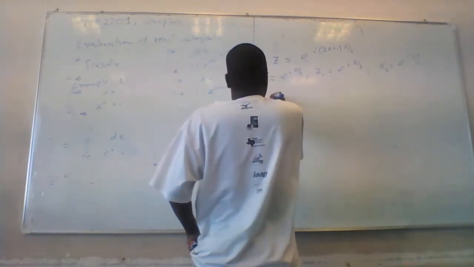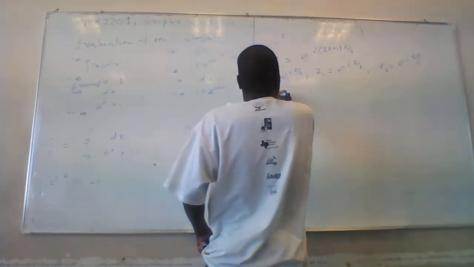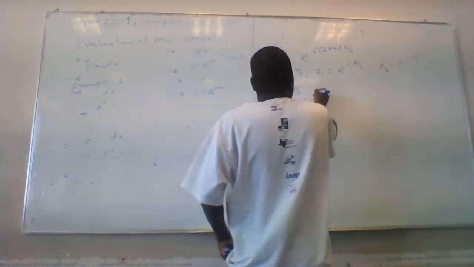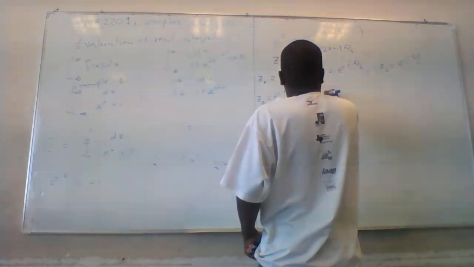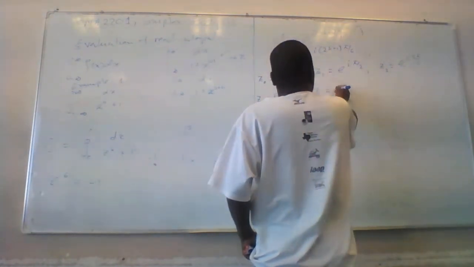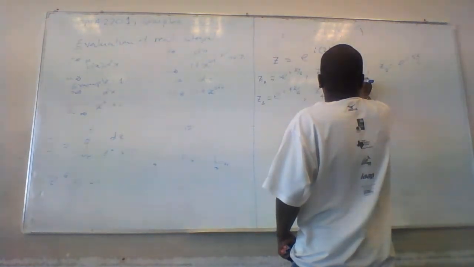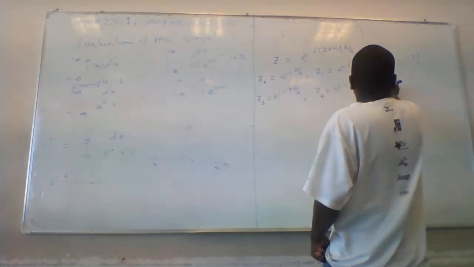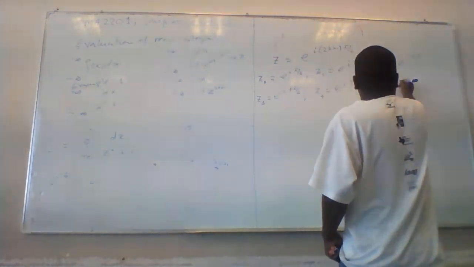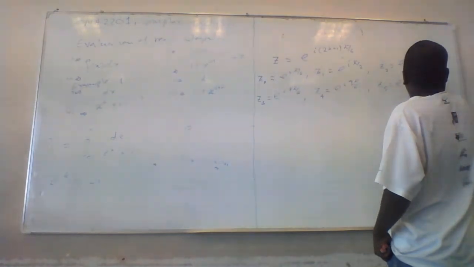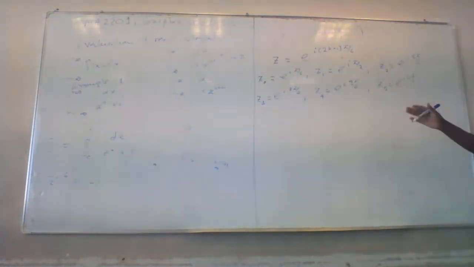Z3 is given by e to the i 7 pi over 6. Z4 is given by e to the i 9 pi over 6, and then z5 is given by e to the i 11 pi over 6.